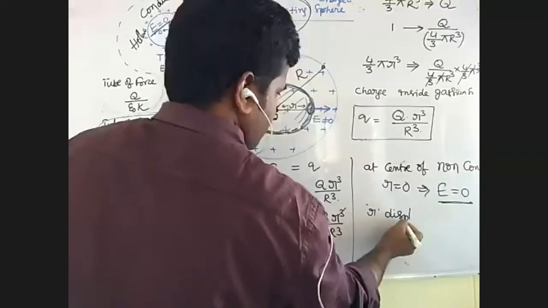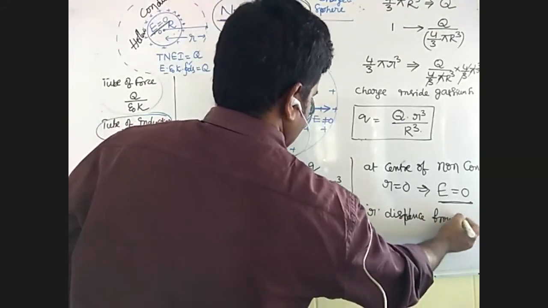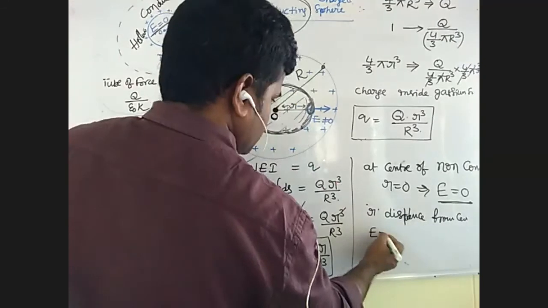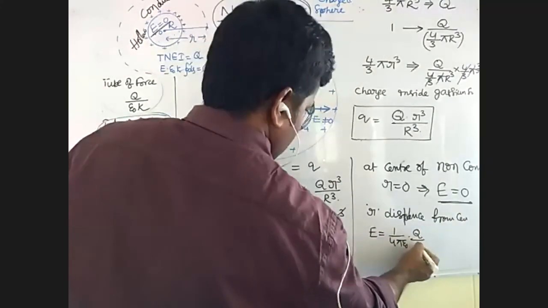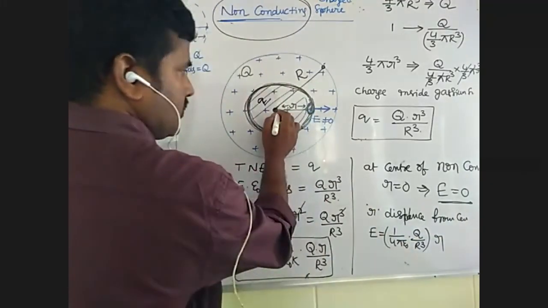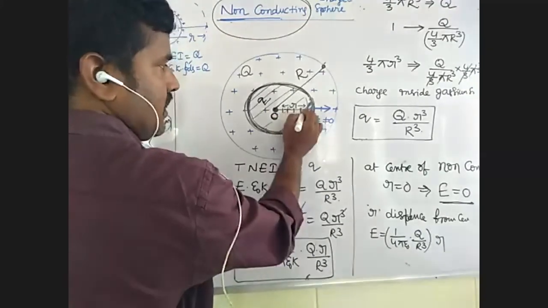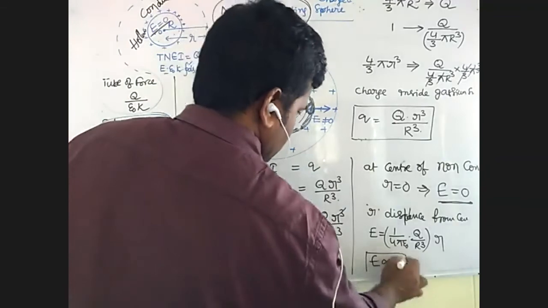Suppose small r is the distance from the center. The intensity becomes E equals 1 by 4 pi epsilon naught Q upon R cube into small r. That means as the distance from the center increases, the intensity increases, directly proportional: E proportional to r.